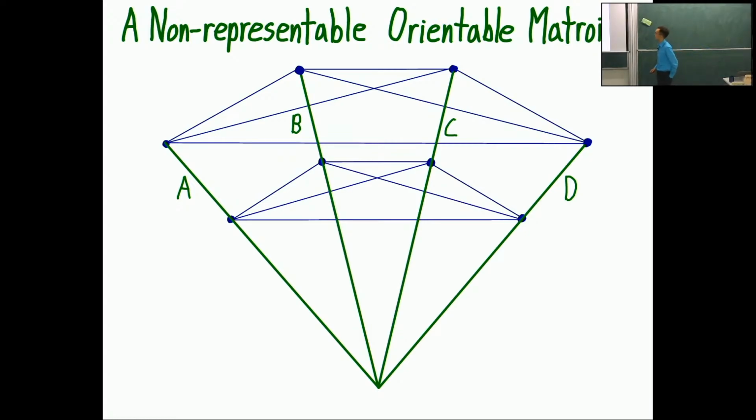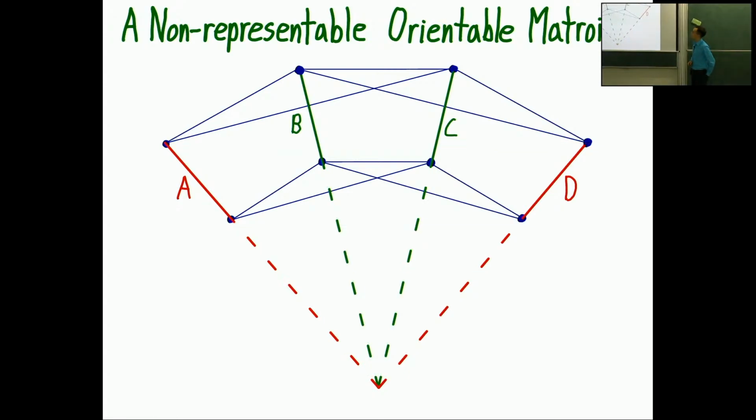I've just taken 3 lines that are coincident, so the union of any 2 of them is a circuit hyperplane. In particular, I'm going to look at A and B forming a circuit hyperplane, and I'm going to relax it, so it is no longer a circuit hyperplane. But the union of any other 2 will be a circuit.